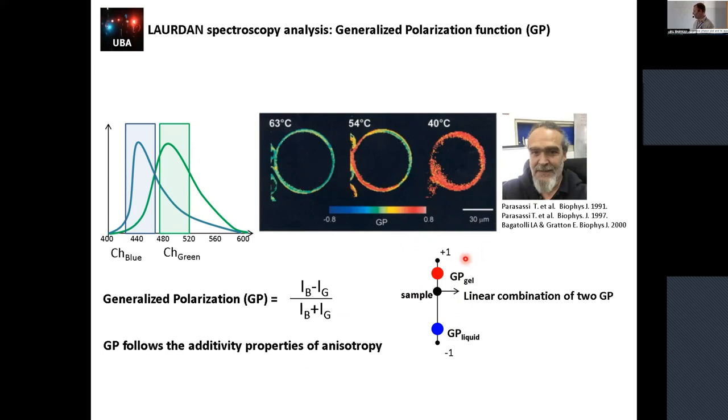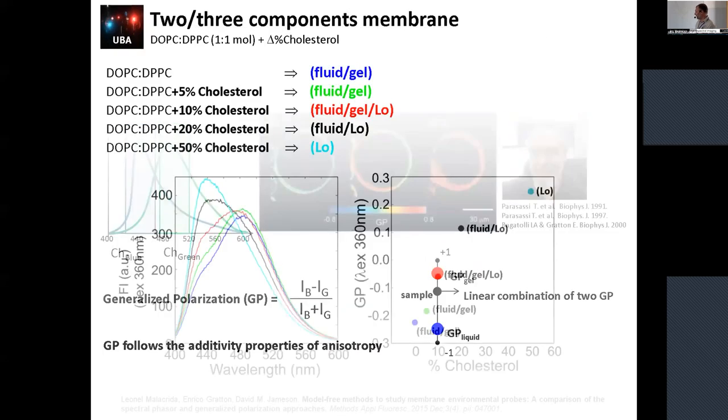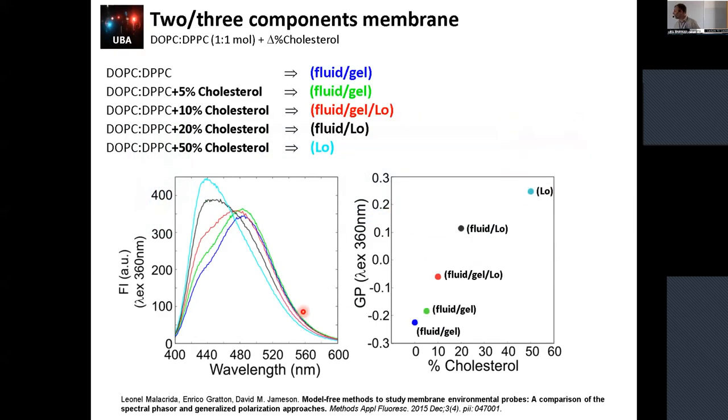And these original reference values are no longer valid. So you cannot use this as an input in the formula in order to obtain the fraction. So basically, this is a limitation, and this is important also in cells because you don't have these reference values. So you cannot say what is the beginning and what is the end of the GP in order to obtain the fraction. So let's see if with the spectral phasor we can do something better.